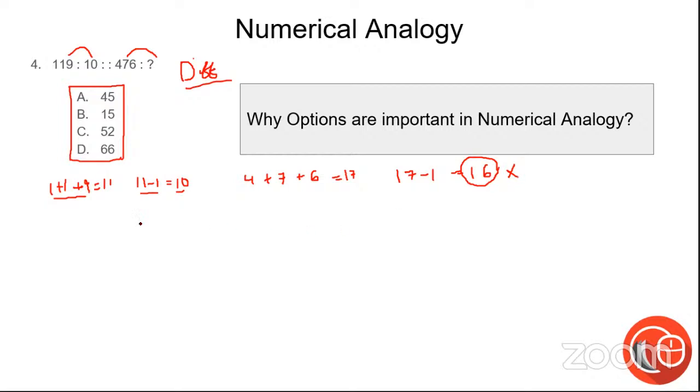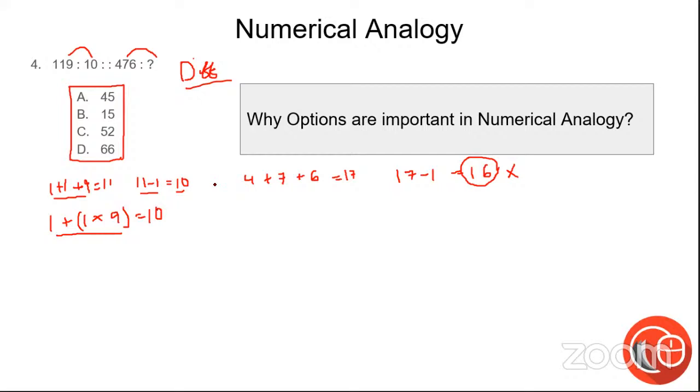The second logic that we can use here is 1 plus 1 multiplied by 9. So 1 plus 9 is 10. We have 119, and with the help of this we have got 10.